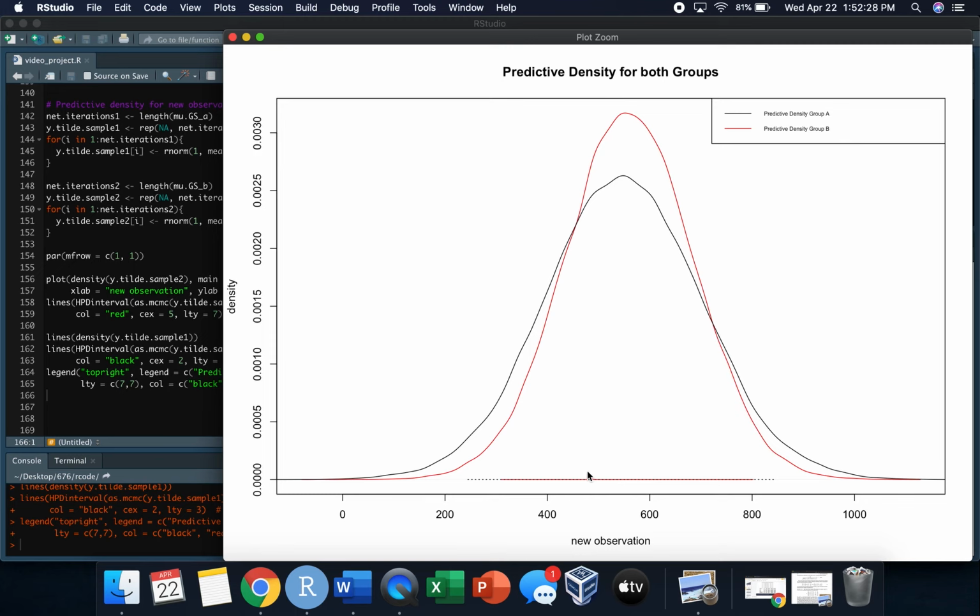So for group B, it's tighter compared to group A, but the means are fairly similar, the modes are fairly similar. Thank you for listening.